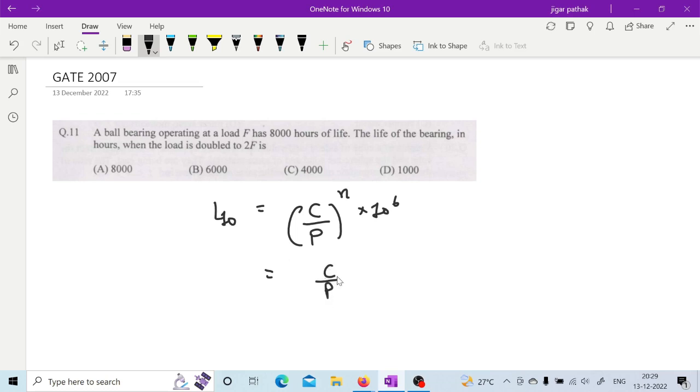And in case of the ball bearing, this n is 3. This 10 raised to 6 I have not mentioned because we were writing that revolution as million revolutions. Is it okay?